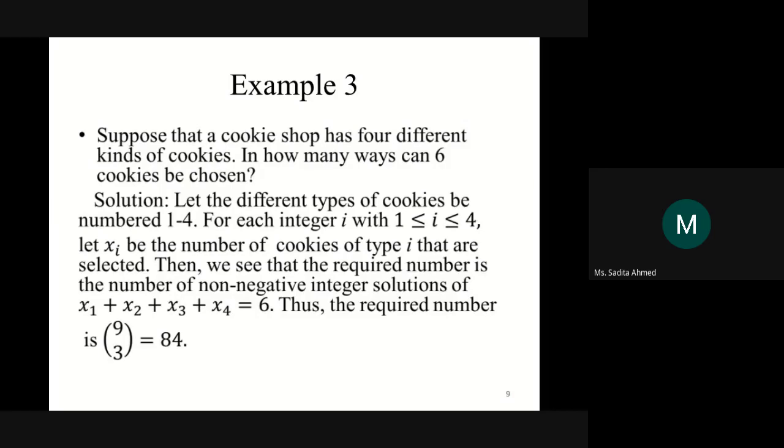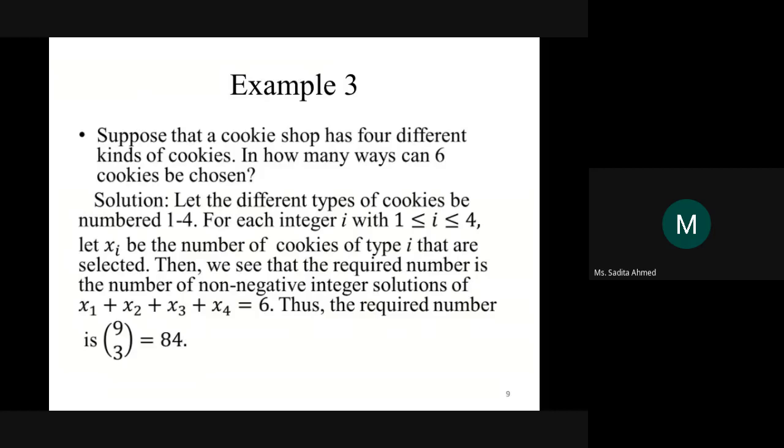For these 6 cookies, how many cookies of the first type did you pick? X1. How many cookies did you choose of the second type? We use X2 to represent that. How many cookies did you choose of the third type? We use X3 to represent that. How many cookies did you choose of the fourth type? We use X4 to represent that.